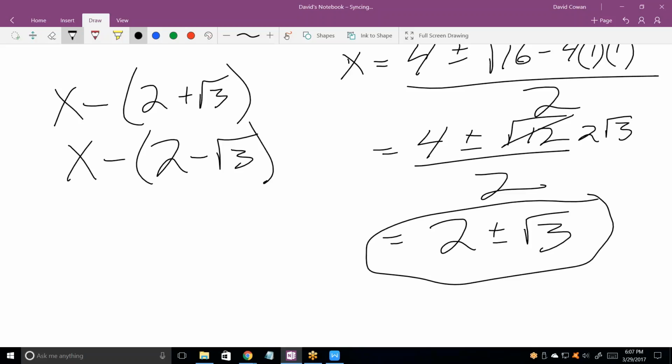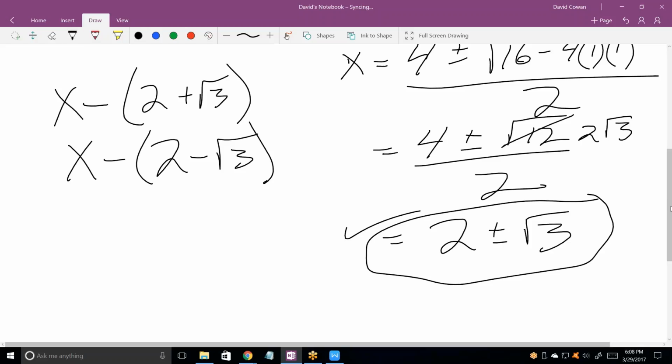In other words, once you found your solutions, your zeros, these are the two zeros, well, now you have the two factors. It's x minus one of these and x minus the other one. There you go.